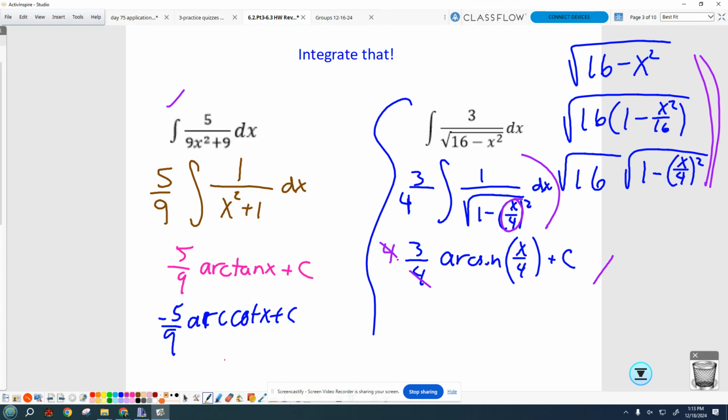And I have some control over what Delta Math gives you. You weren't supposed to get secant and cosecant, I'm sure I could stop those. Okay, because you're not responsible for secant, arcsecant, and arccosecant.